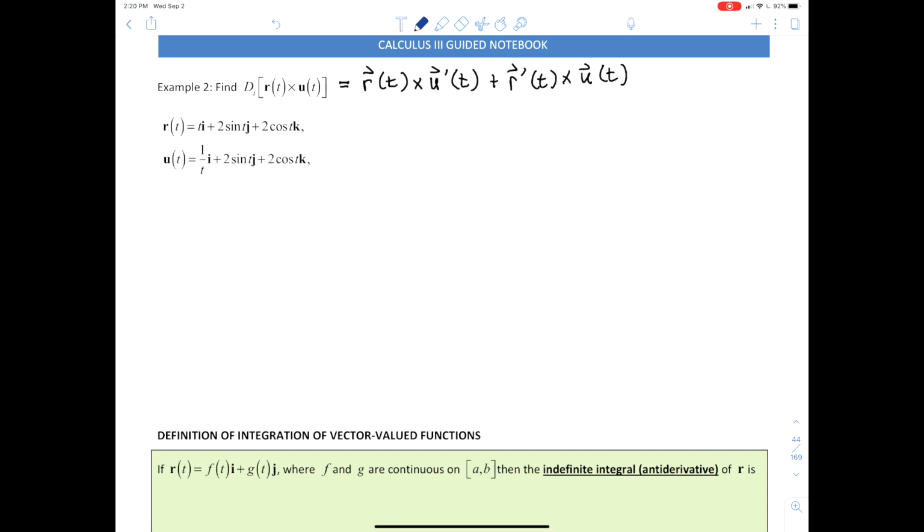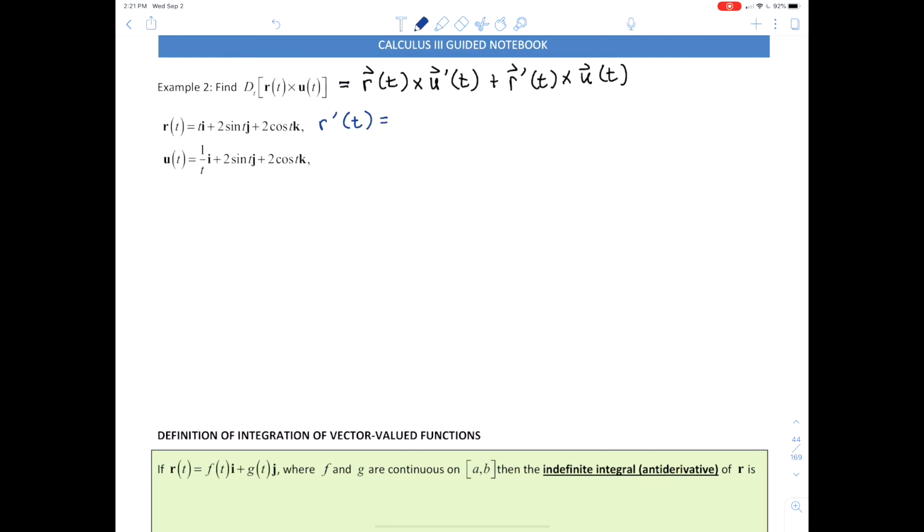Well, it might be nice to find the derivatives, right? Find the derivatives. So here with our derivatives for each, because we have r and we have u. So r prime at t is going to end up being what?